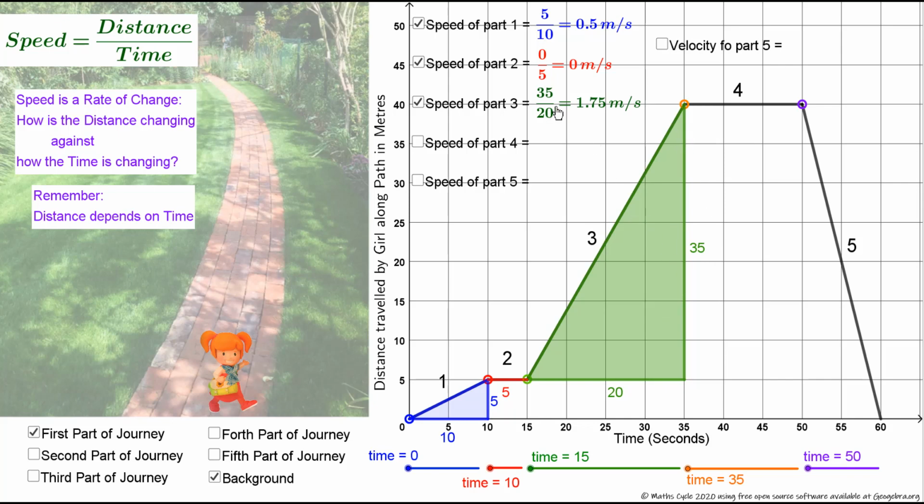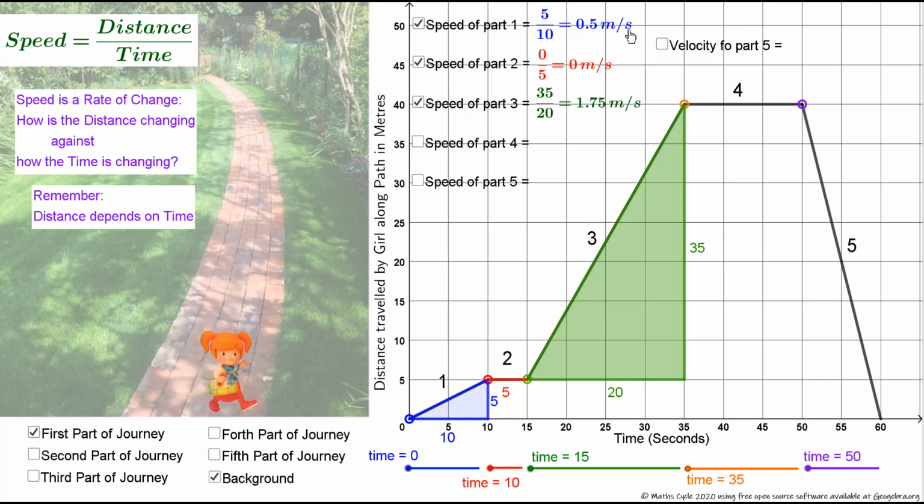So then distance over time, 35 over 20. Put that into your calculator and you get 1.75 meters per second. Okay, so that makes sense to us here because we can see that her speed is faster when she was skipping along the graph than when she was walking along the graph, which is 0.5 meters per second.